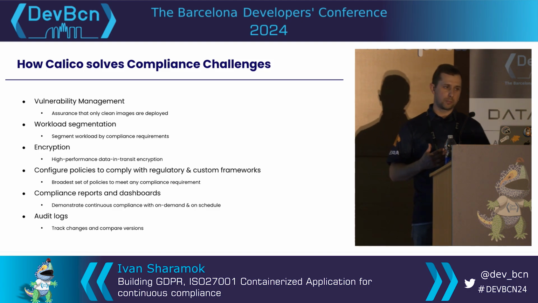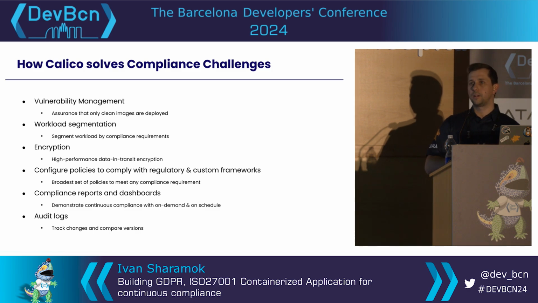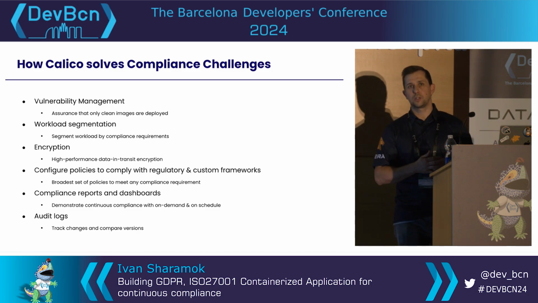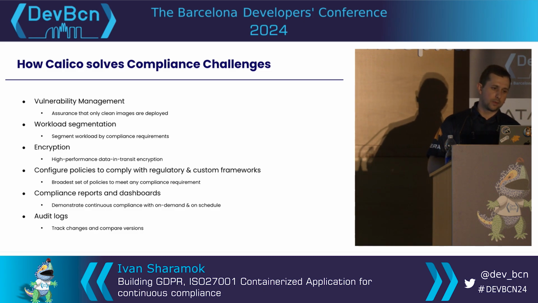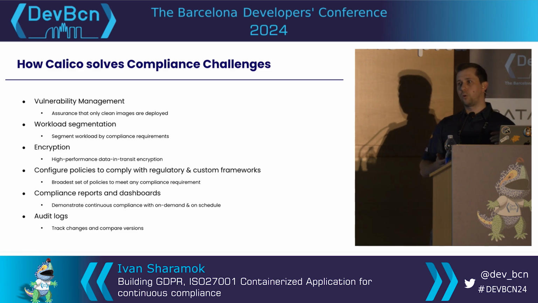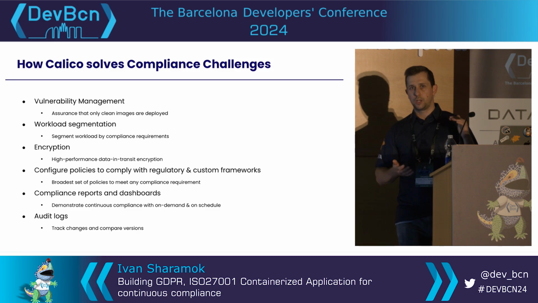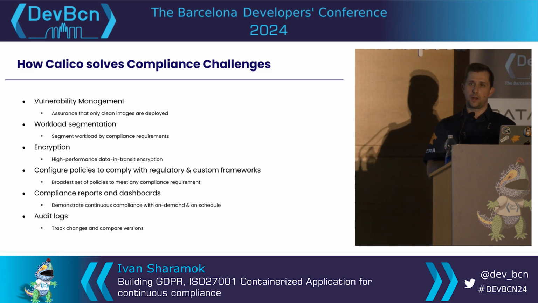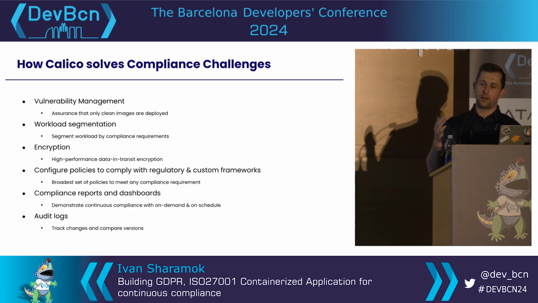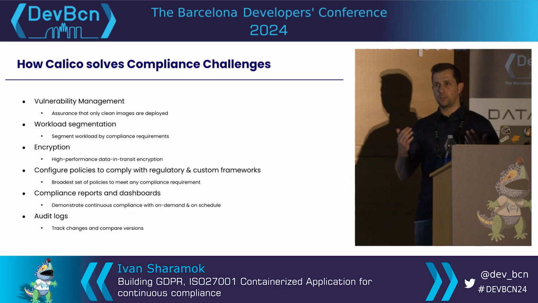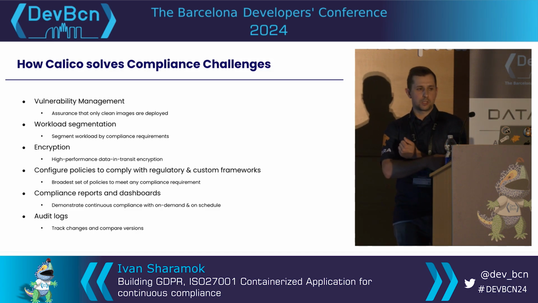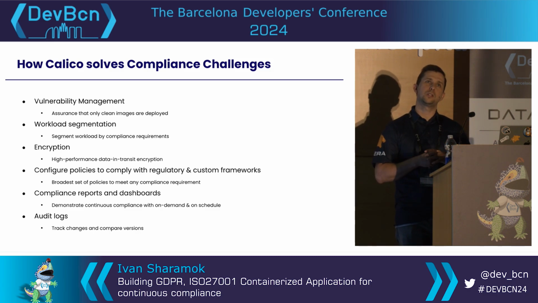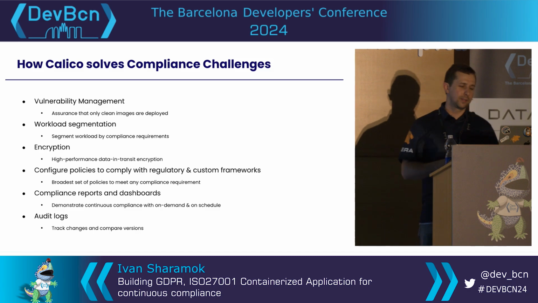We provide vulnerability management where we can scan images and build something called a software bill of materials, or SBOM for short, that gives you an inventory of all the packages and binaries in your container images. We run the scan, get that SBOM, then map everything we found against the CVEs, Common Vulnerabilities and Exposures.